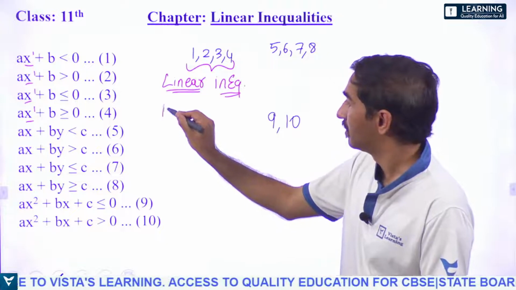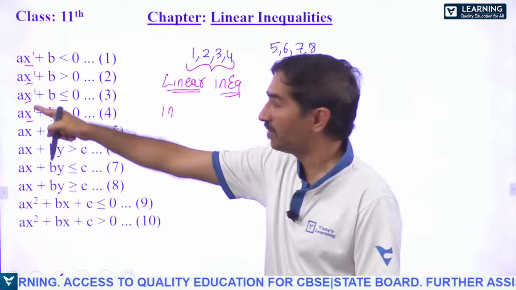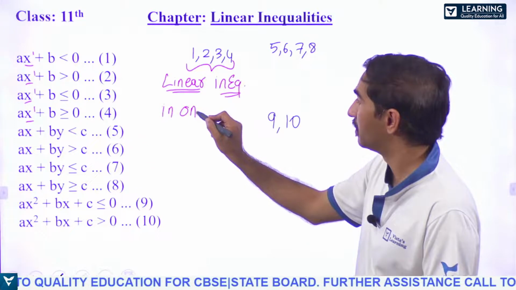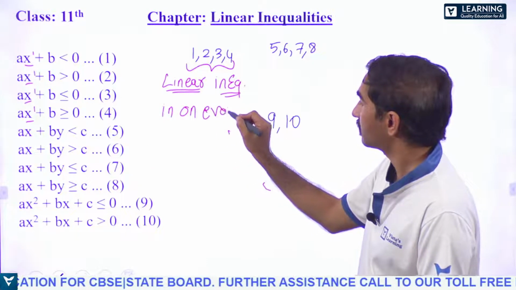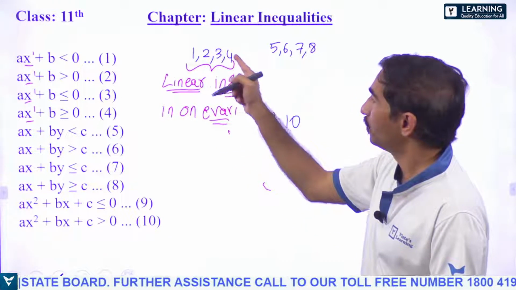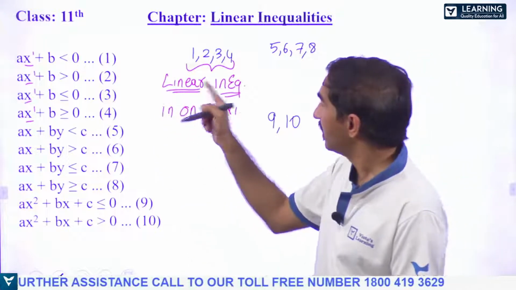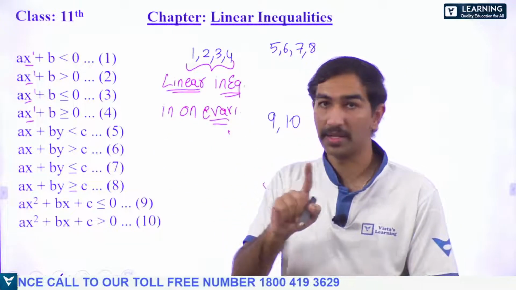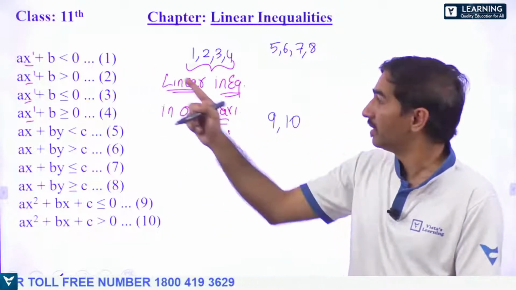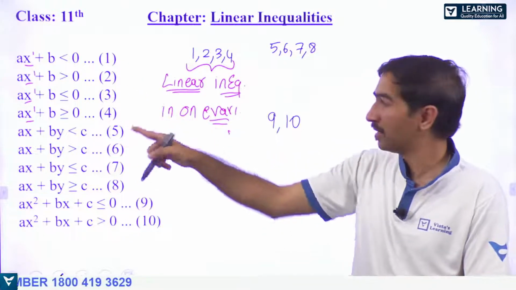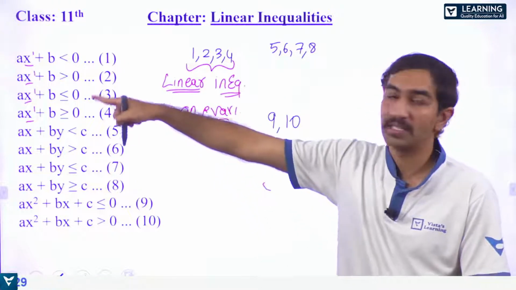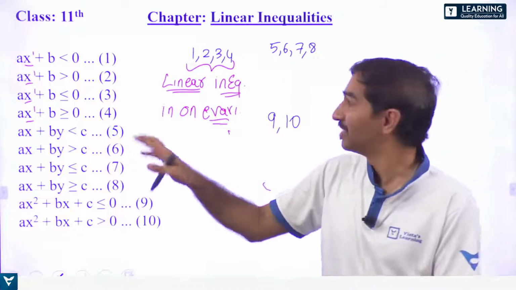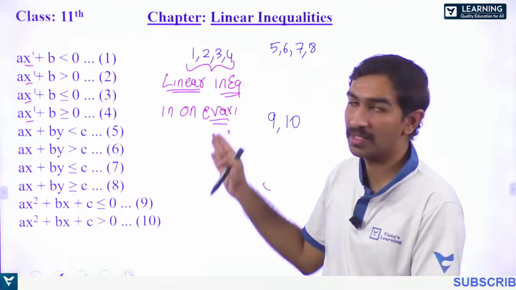In how many variables? Only one variable, right? In one variable. 1, 2, 3, 4 are called linear inequalities in one variable. Linear, power 1. Inequality, no equal to symbol. In one variable because only x is present. Got it? As per the equation, we are writing the words here.